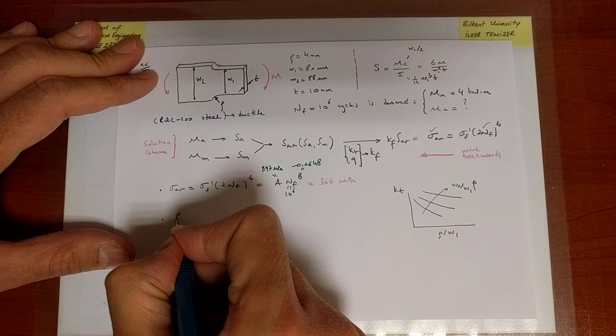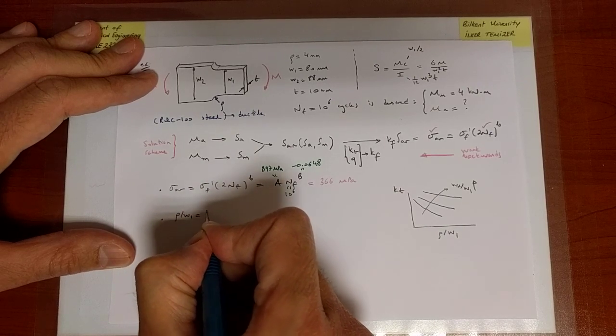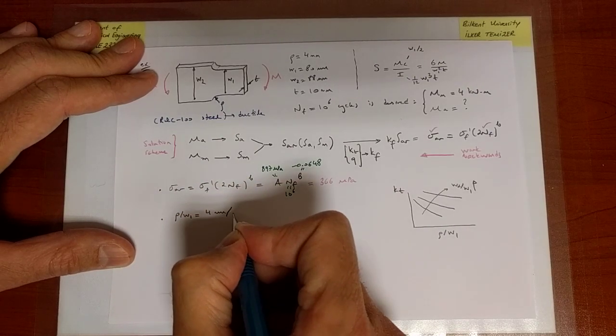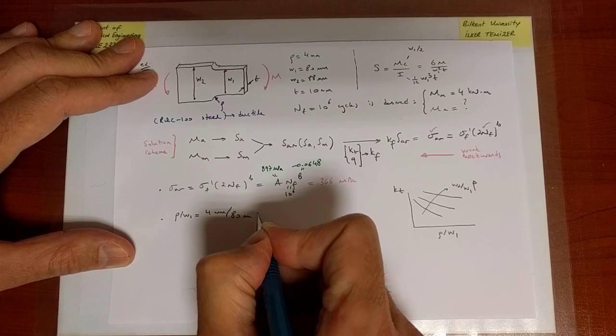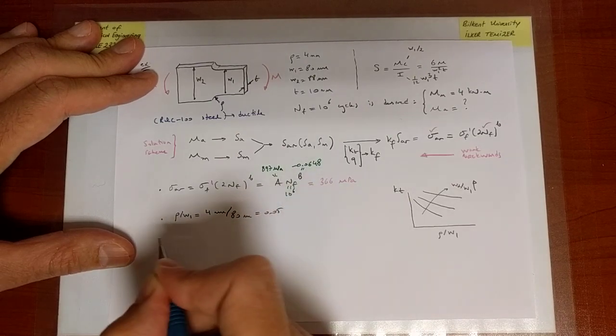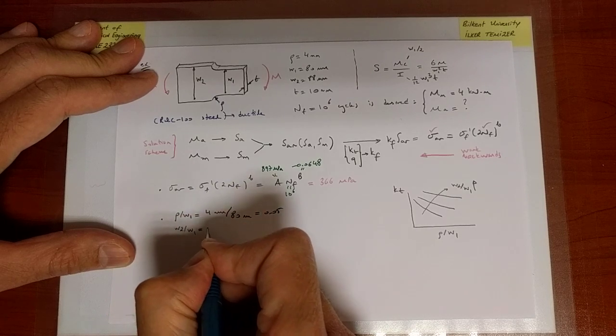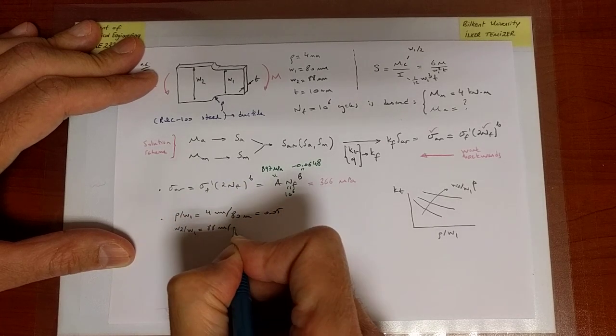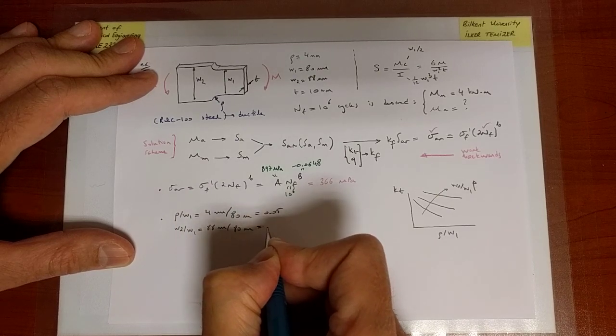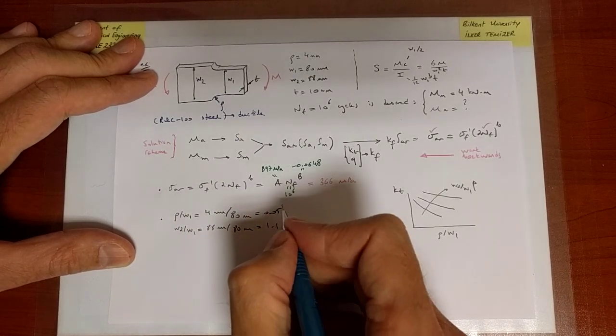Presently, rho over W1 is equal to 4 millimeters over 80 millimeters, which is 0.05, and W2 over W1 is 88 millimeters over 80 millimeters, which is about 1.1.